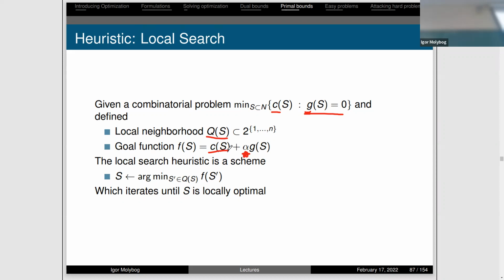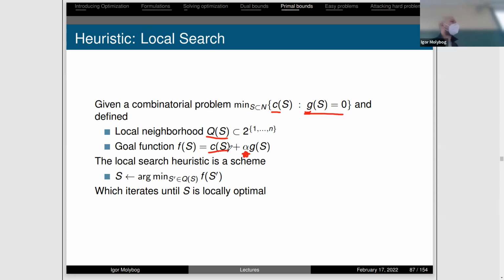We evaluate the function F at each of these points and see which gives the minimum. If this minimum is smaller than the value at S0, we switch from S0 to one of these subsets, and then we iterate this procedure again and again.